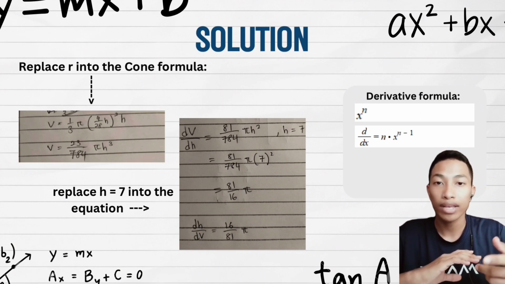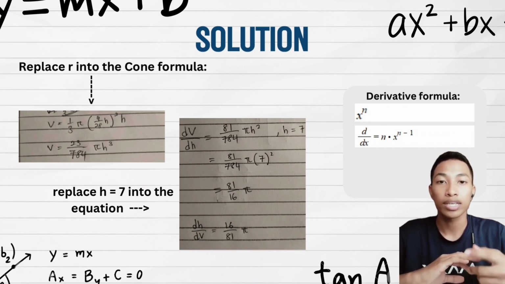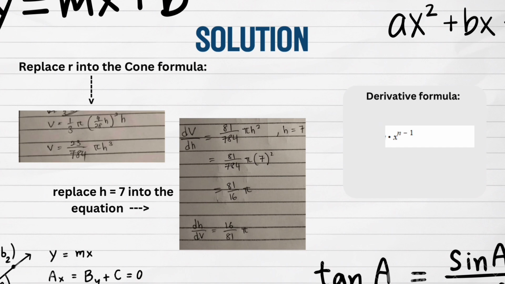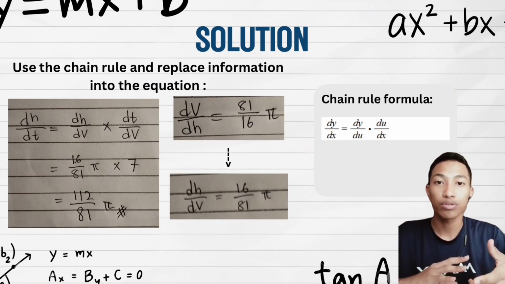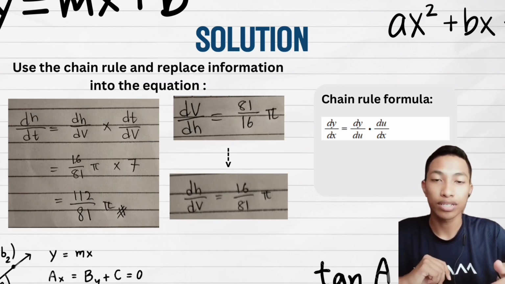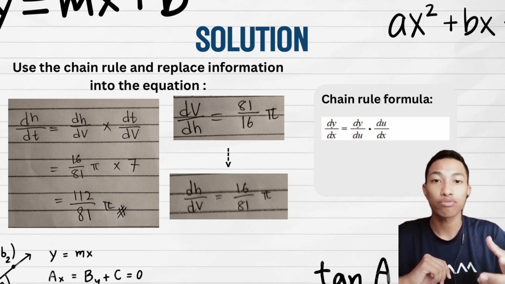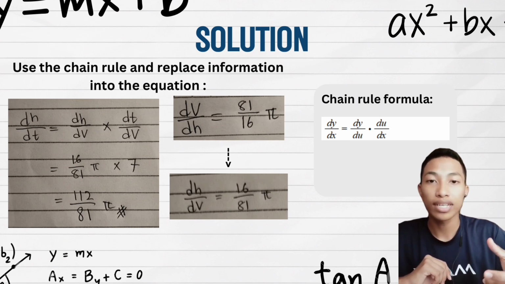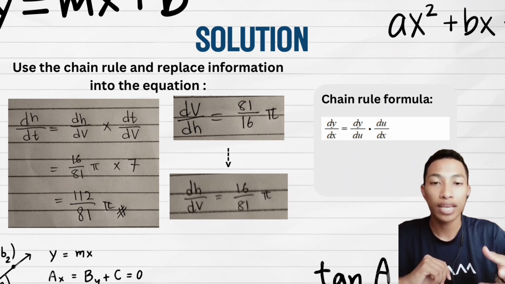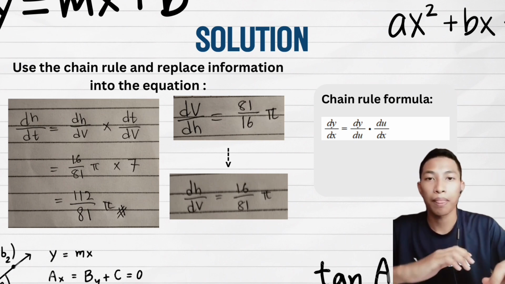Then we add the value of 7 cm from the question, which is the height of the water when it reaches 7 cm, into the equation. So the result is dv over dh equal to 81 over 16 pi. Then we use the chain rule formula, and in this situation, the chain rule formula is dh over dt equal to dh over dv multiplied by dv over dt.